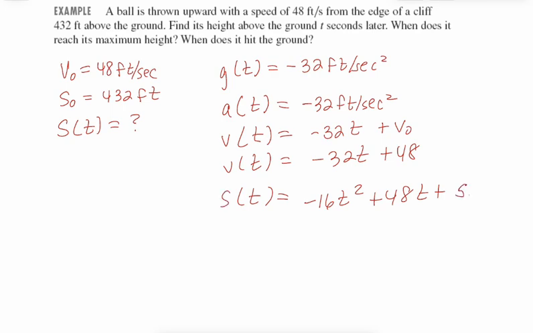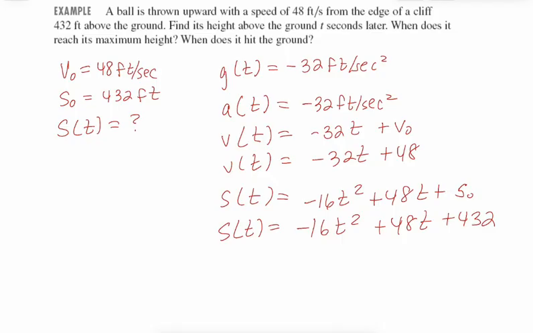Plus our initial position. I'm so used to going forward that the first time I do this, and you're going to find it too, you're going to want to go forward instead of backwards. Anyway, so now our position function is given by negative 16t squared plus 48t plus 432. Okay.